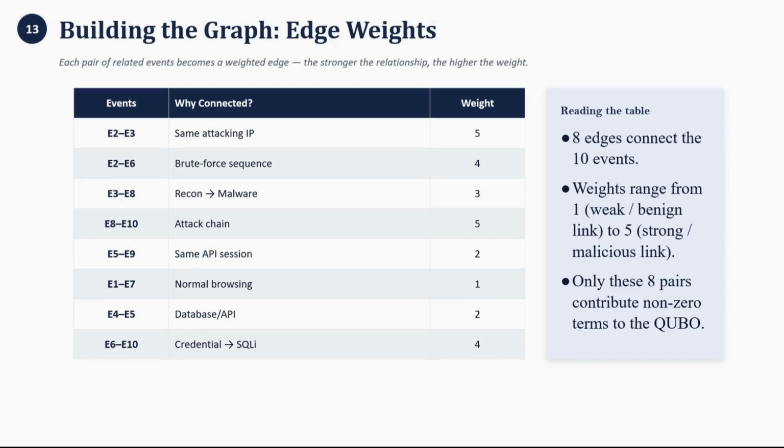The assigned weights reflect the strength of these relationships. Higher weights correspond to stronger evidence that the events are related. The weighted edges are exactly what determine the coefficients in our max cut objective, whose formulation we saw before.